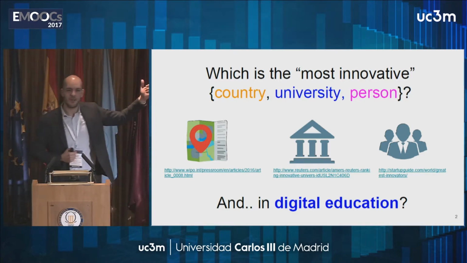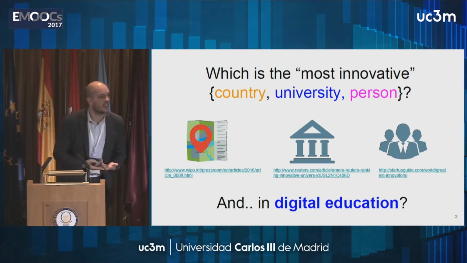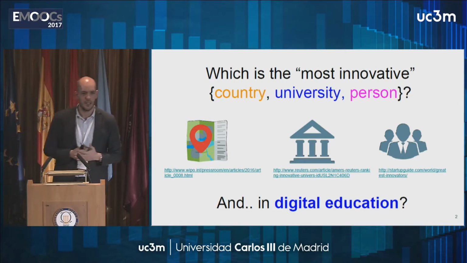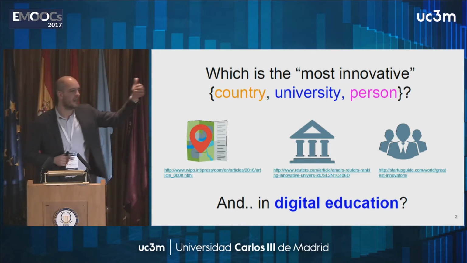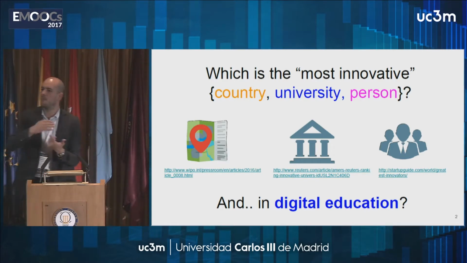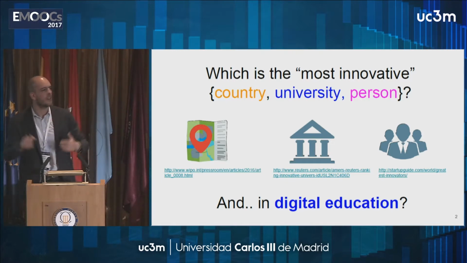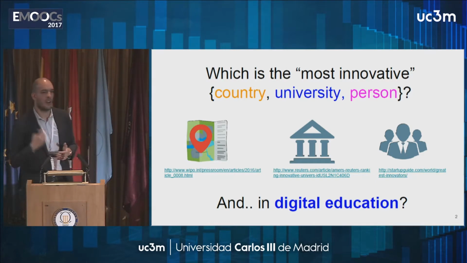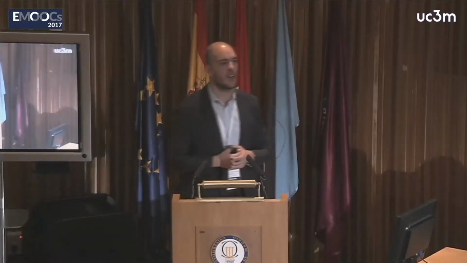We have a list of the most innovative countries in terms of how easy it is to create a business, the number of startups, and different types of metrics. In regards to universities, we have a classification made by Thomson Reuters, in which we have the number of patents, number of research articles, number of spin-offs, and many other indicators to measure how much innovation we can find in some institution.